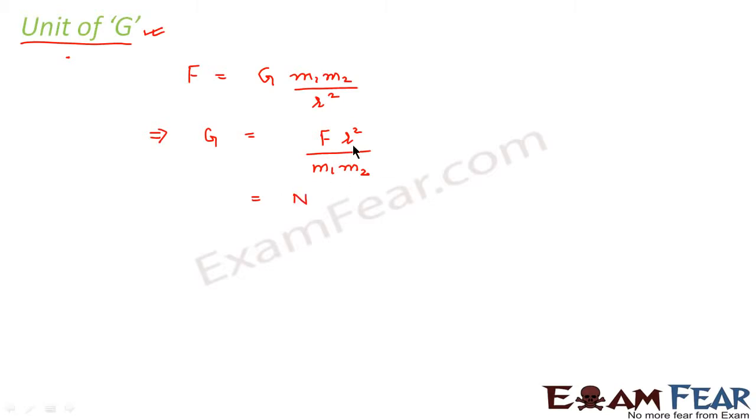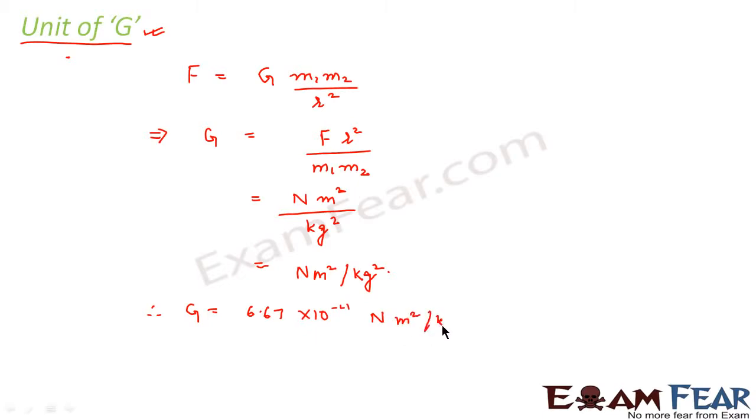R is the distance between two bodies, so its unit is meter, and r square is meter square. The unit of mass is kg, and since it is mass into mass, it will be kg square. So the unit of G will be Newton meter square per kg square. Therefore, the value of G which we get is 6.67 into 10 to the power minus 11 Newton meter square per kg square.